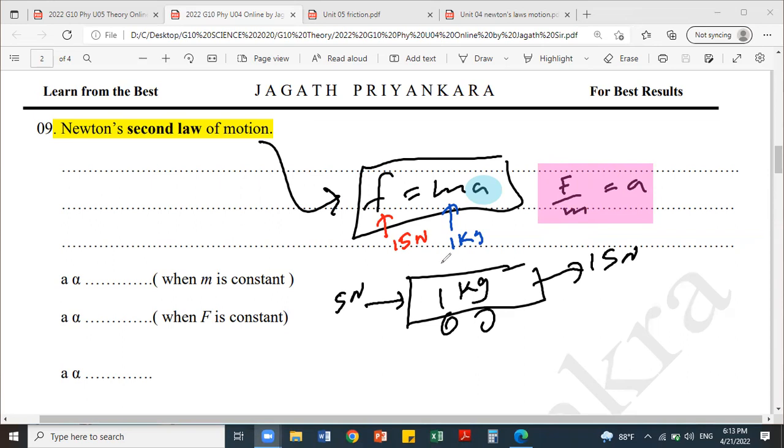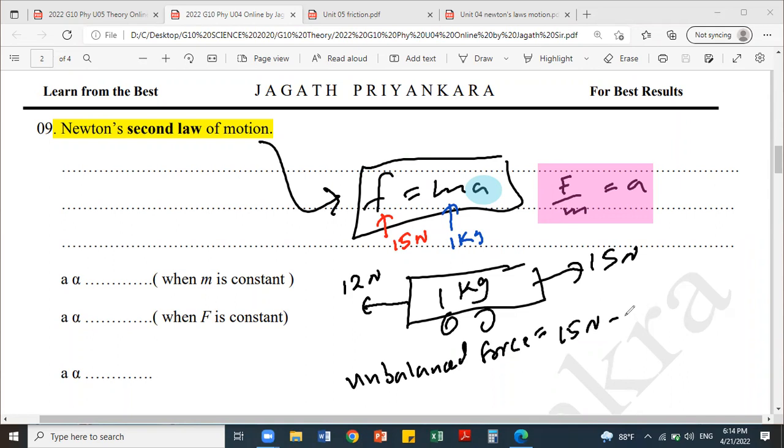Then imagine you apply the force on the opposite side, say 12 Newton. Then the unbalanced force will be 15 minus 12 Newton, so we get a net effect of 3 Newton.